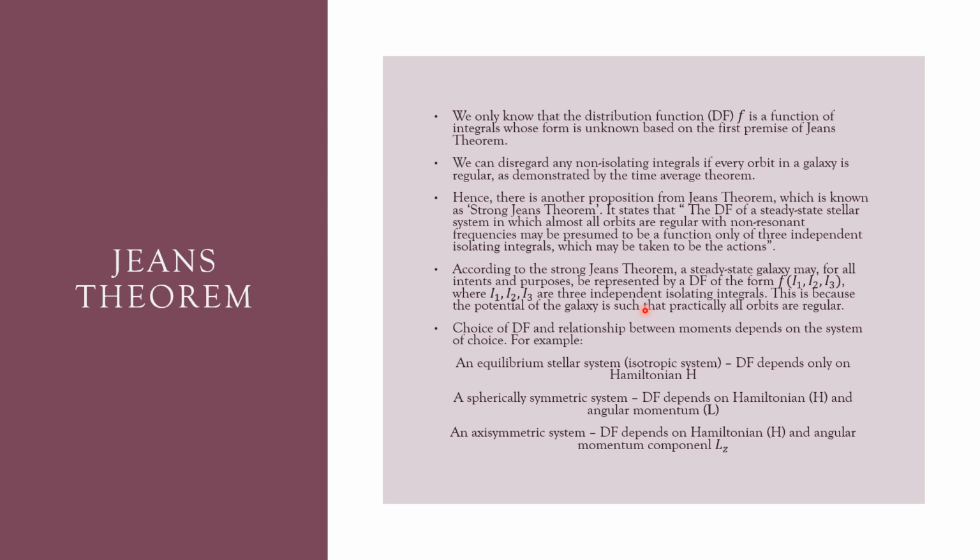For example, in an equilibrium stellar system, the distribution function is any non-negative function of H. That means f depends only on the Hamiltonian H, as the velocity dispersion tensor is the same everywhere. That's why it is known as an isotropic system. In statistics, it is known as an ergodic system.